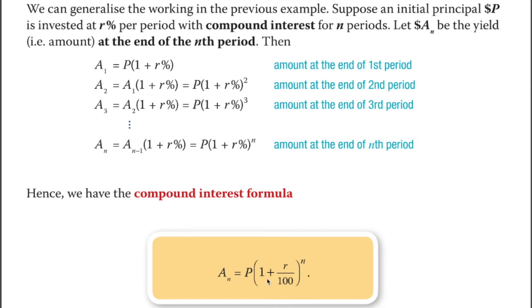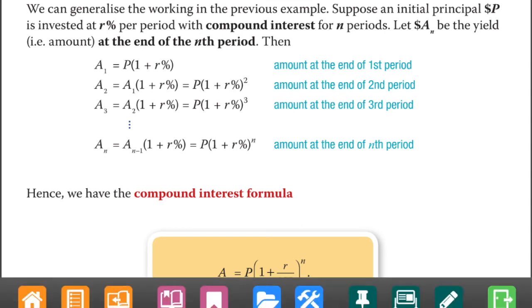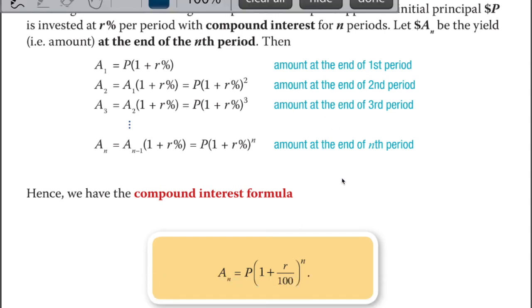If you see the pattern just now, let's recap. For that question, towards the end of the third year, the total amount that she owed was 1.1 cube times 1,500. Correct? So let's generalize.